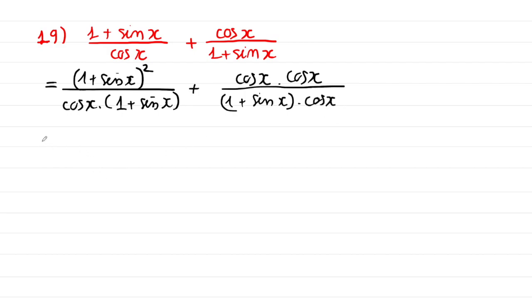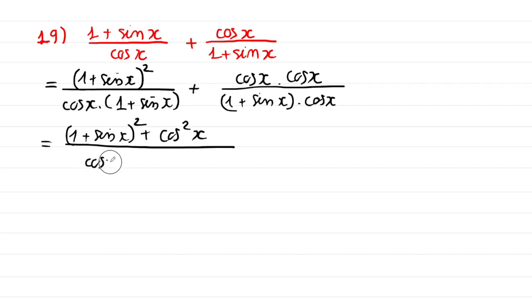Yeah, so after that you have two terms here with the same common denominator, and then I will combine them like this. Plus cos square x. Okay, and the common denominator you write down one time only.